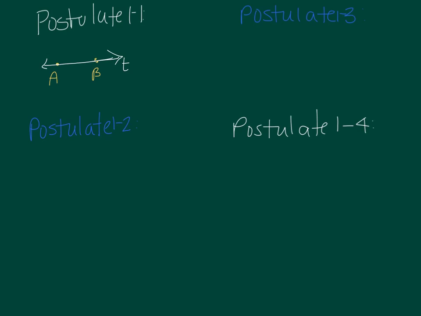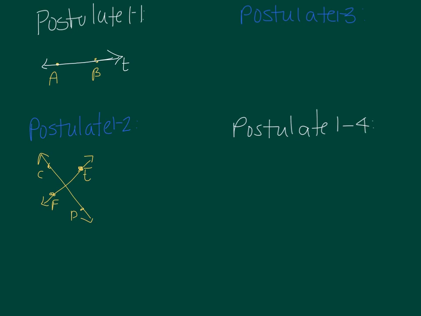Postulate 1-2 says if 2 distinct lines intersect, then they intersect in exactly 1 point. So if I have, say, line CD, and then I draw line EF.